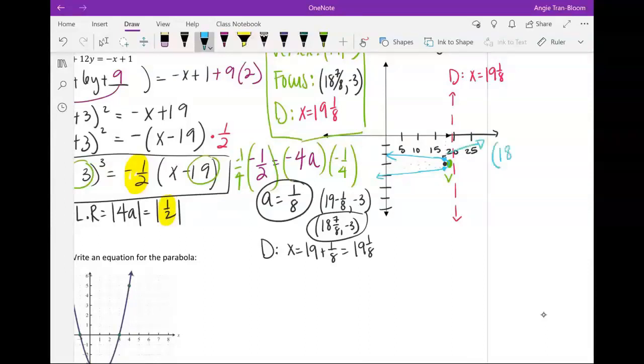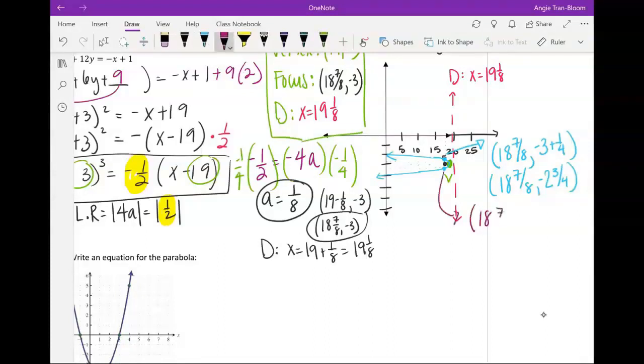So the x value should be exactly the same. The y value is negative 3, and we're going to add a quarter. Of course, we simplify. So 18 and 7/8, comma, negative 2 and 3/4 is the top piece of that. We could also do the same thing on the bottom. I'm using a different color. The x coordinate is the same, 18 and 7/8.